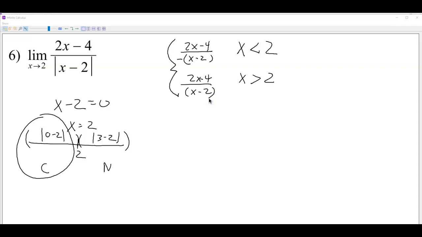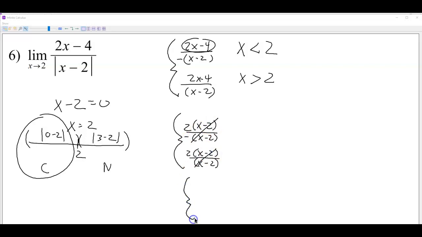All right. Now these ones are kind of special. They require an additional step. As you guys can see here for the top here, if I were to factor out a 2, on each of these problems here, you'll notice that these cancel out, and it leaves us with the following.